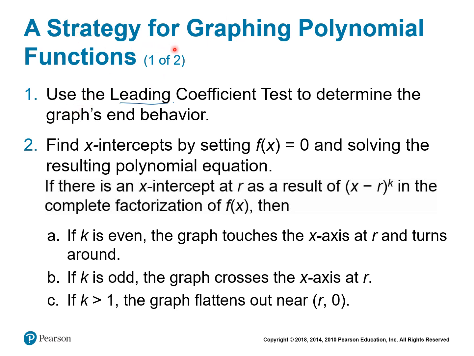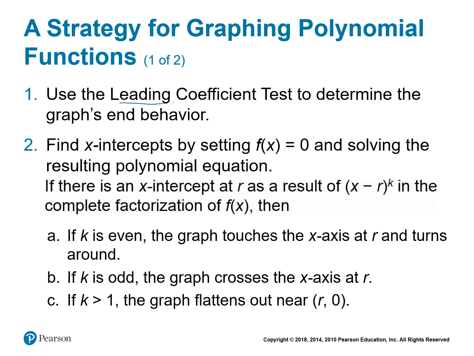A strategy for graphing polynomial functions step by step. So first it says use the leading coefficient test to determine the graph's end behavior. So we begin by determining the end behavior of the graph by looking at the leading coefficient, which is the first term.